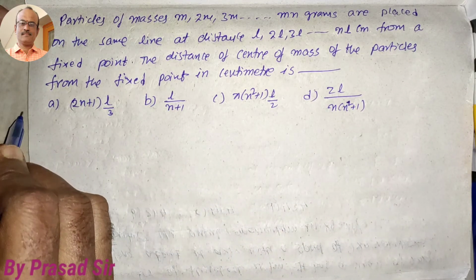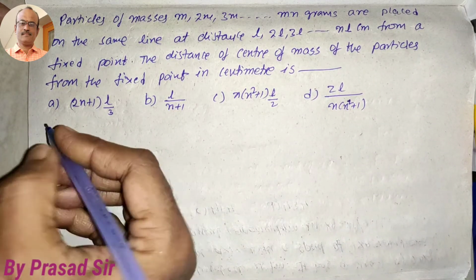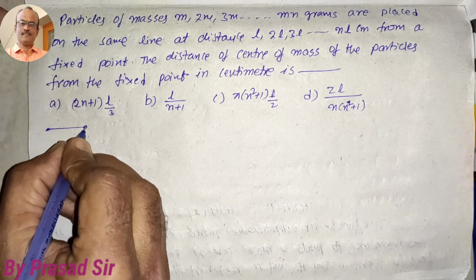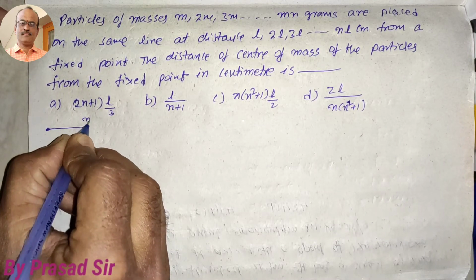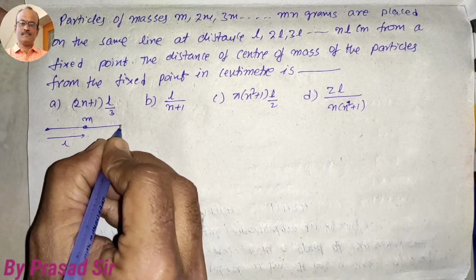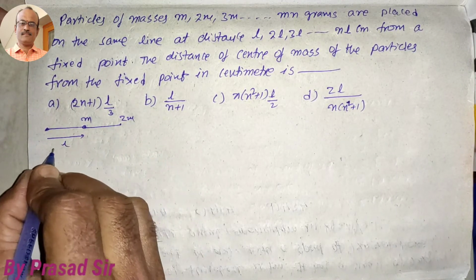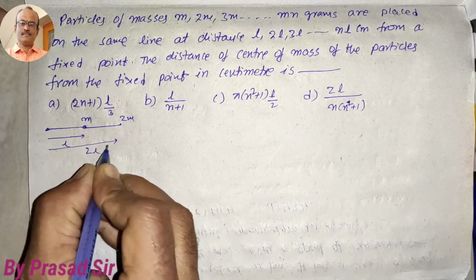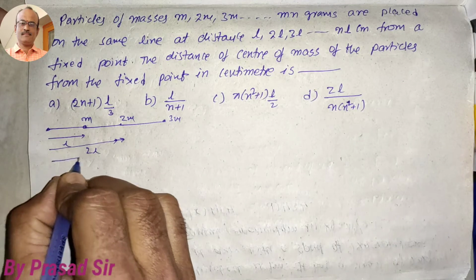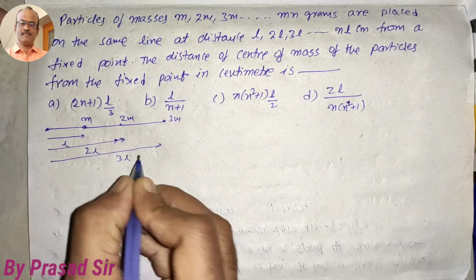So first of all, we will write like this. Here this is the fixed point. From the fixed point, I will take first m, which is at a distance L, and I will take another, that is 2m, which is at a distance 2L, and I will take 3m, which is at a distance 3L.